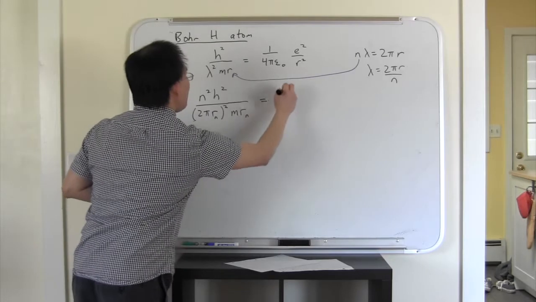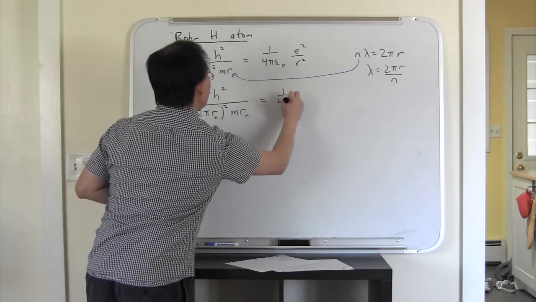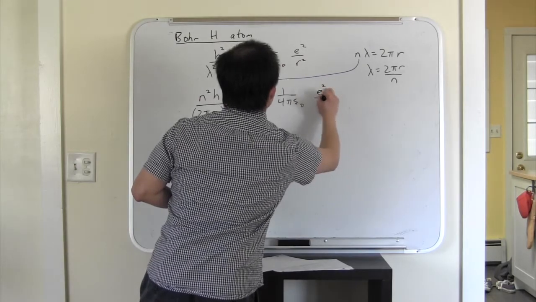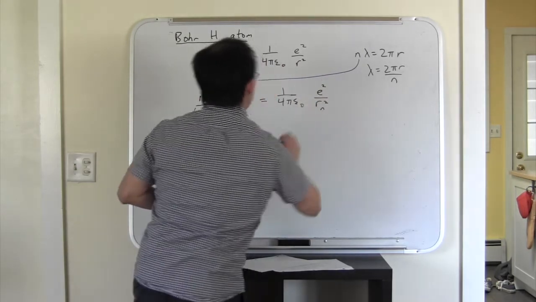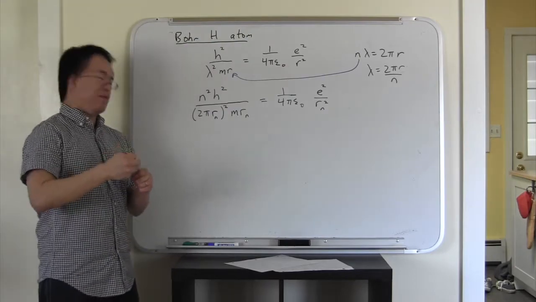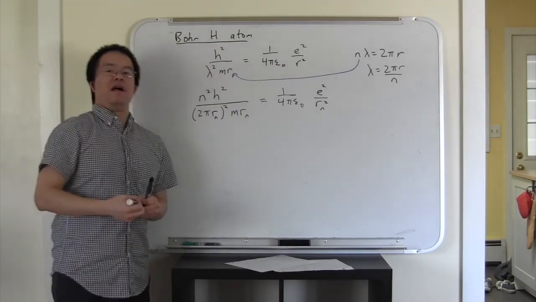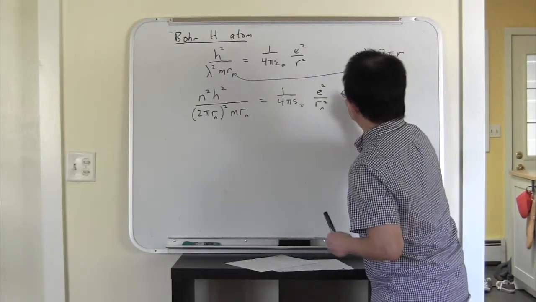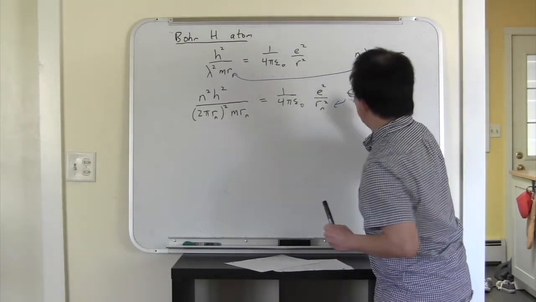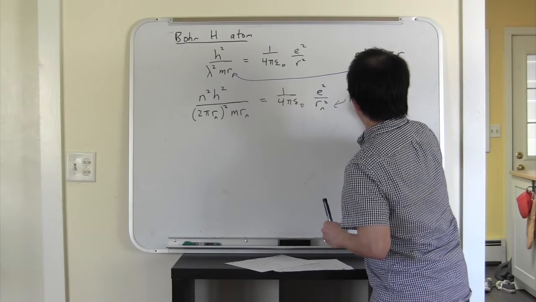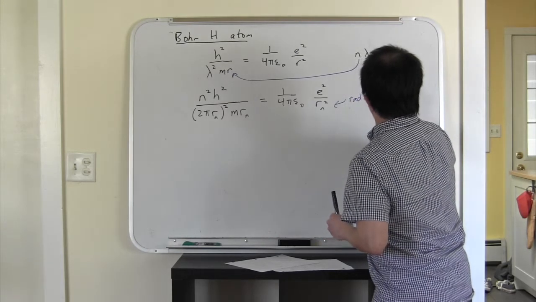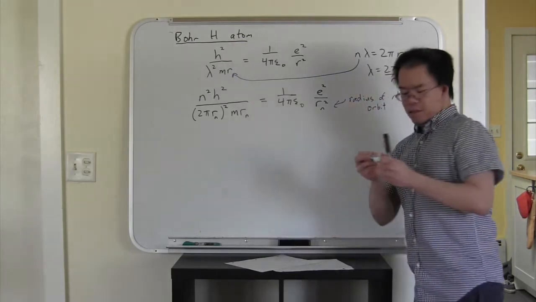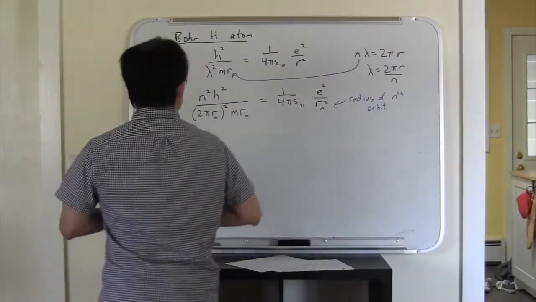And then on the right, we haven't done anything yet, so we still have Coulomb's law. Only this time, I'm going to change that to an r sub n, so I'll label this as the radius of the orbit.